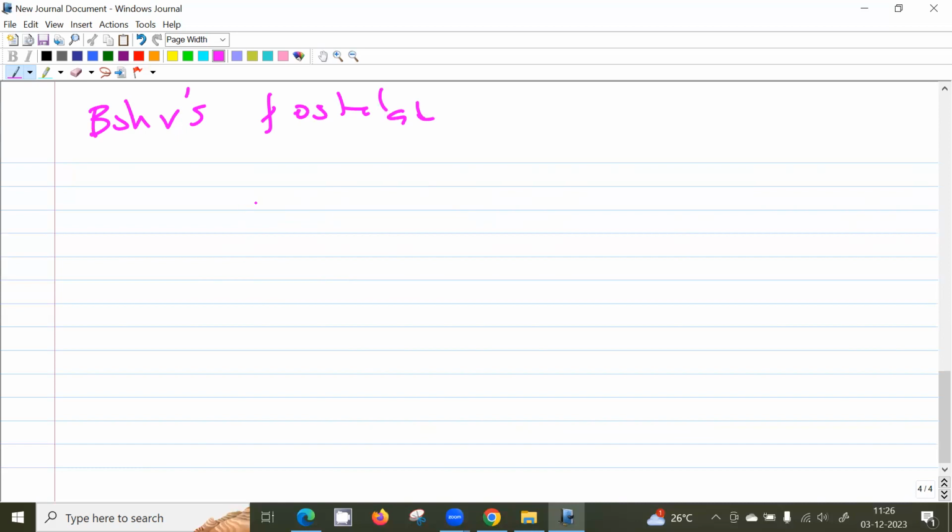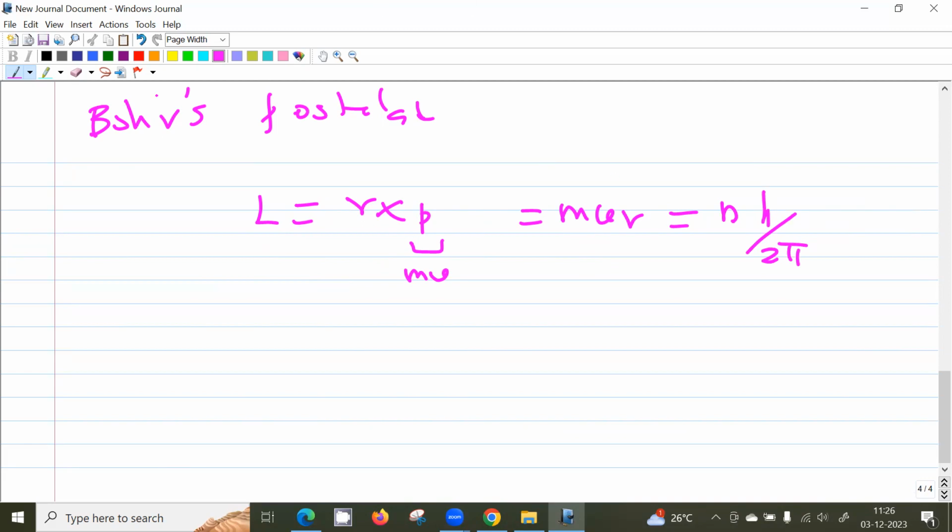which states that the angular momentum corresponding to that orbit, which is r cross p, where p is the linear momentum, m into v, and r is the radius, so which is mvr, cannot take any arbitrary value, but it should be an integer multiple of h by 2 pi, where h is Planck's constant, and n is a positive integer.